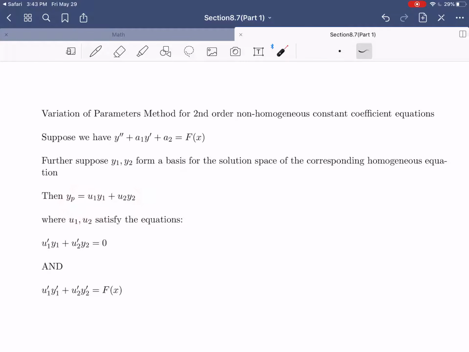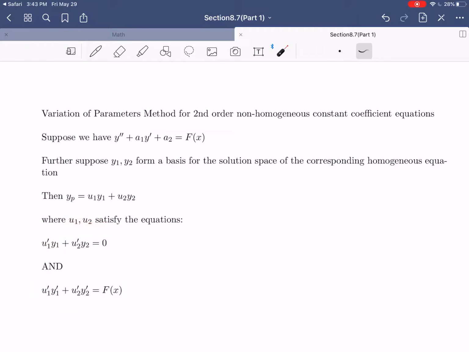Then a particular solution, which is what we need to find the general solution to the non-homogeneous, will have the form u1 y1 plus u2 y2, where u1, u2 satisfy the equations u1 prime y1 plus u2 prime y2 equals 0, and u1 prime y1 prime plus u2 prime y2 prime equals f of x.